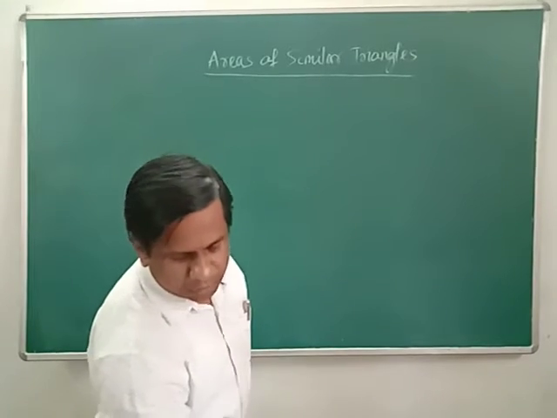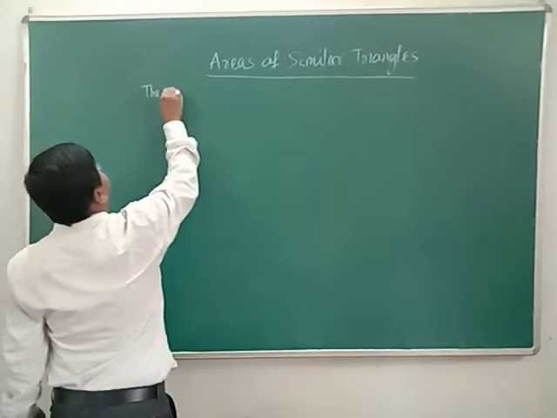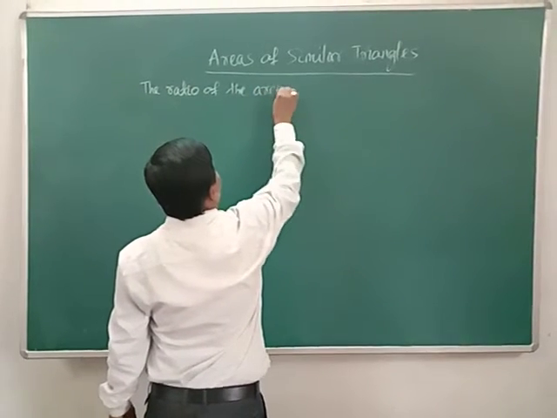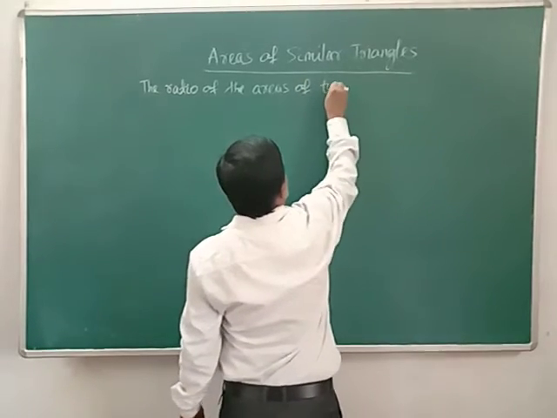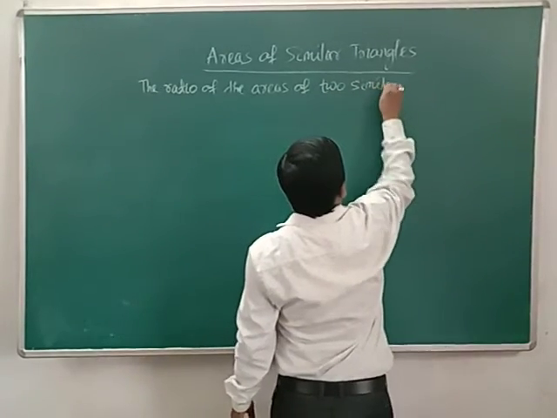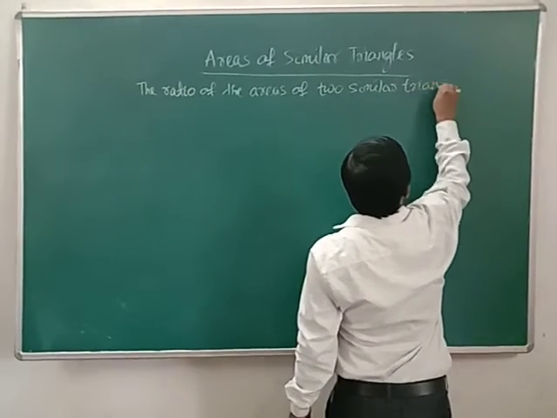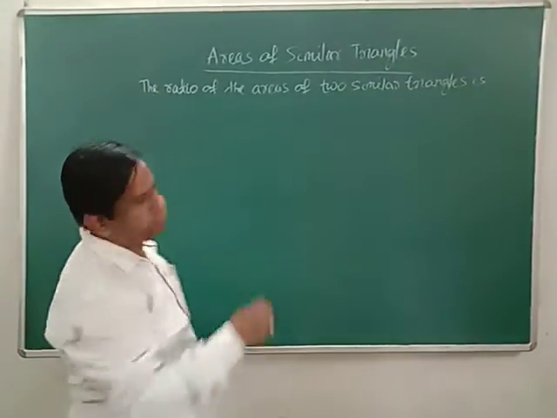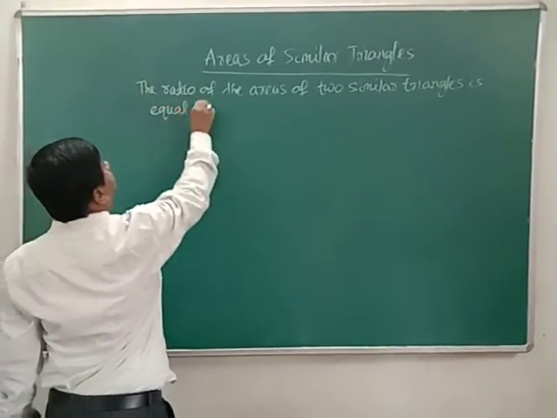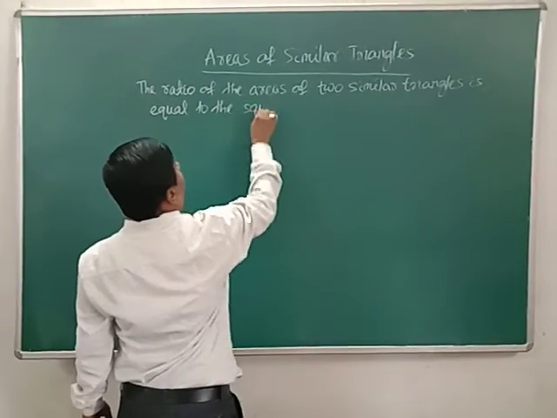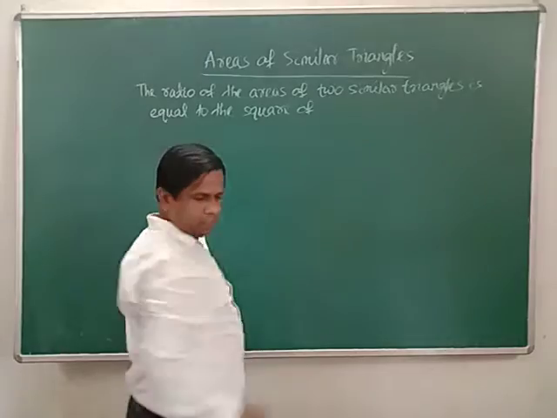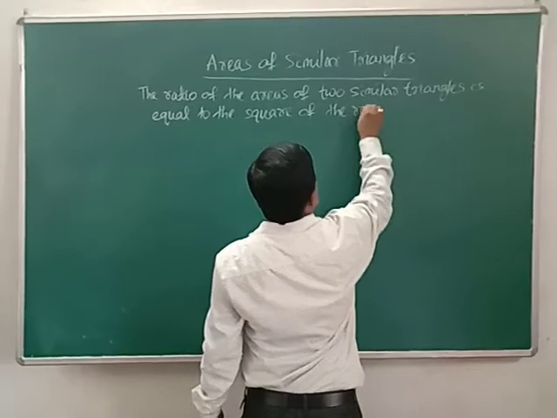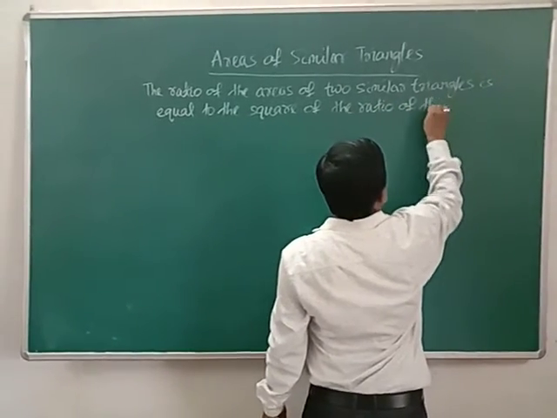So what is the statement? The ratio of the areas of two similar triangles is equal to the square of the ratio of their corresponding sides.